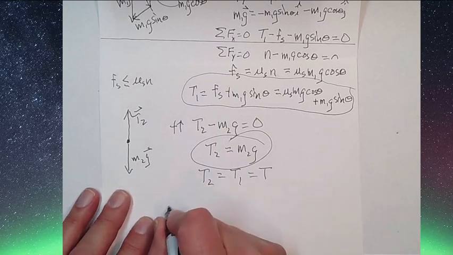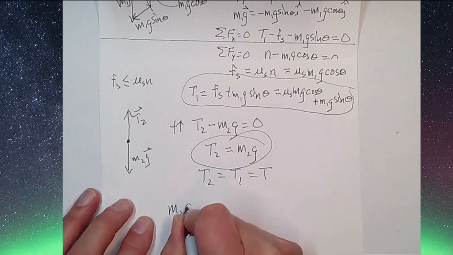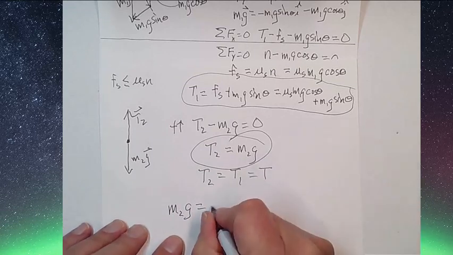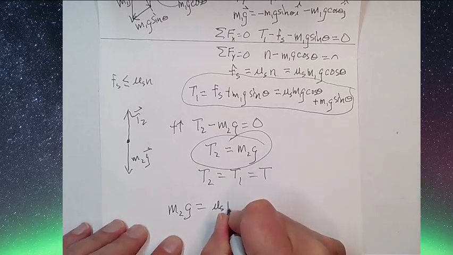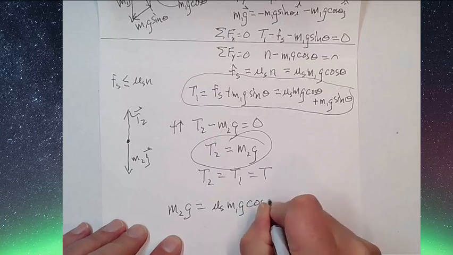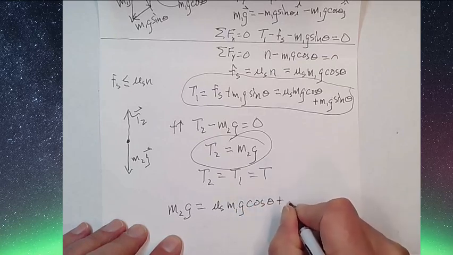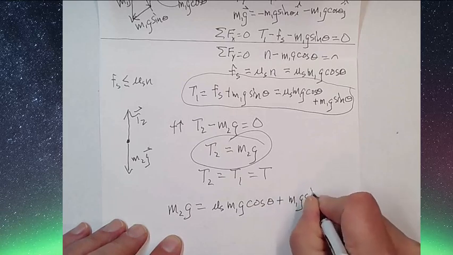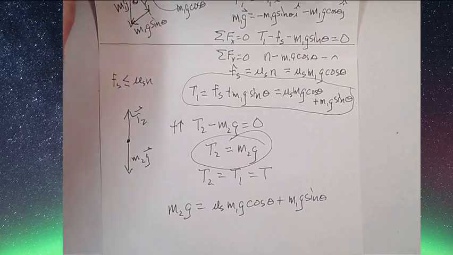So I can say m2g is going to equal mu sub s m1g cos theta plus m1g sine theta.